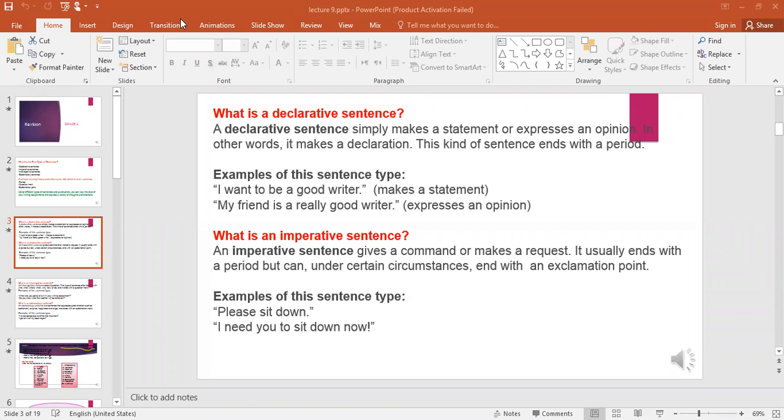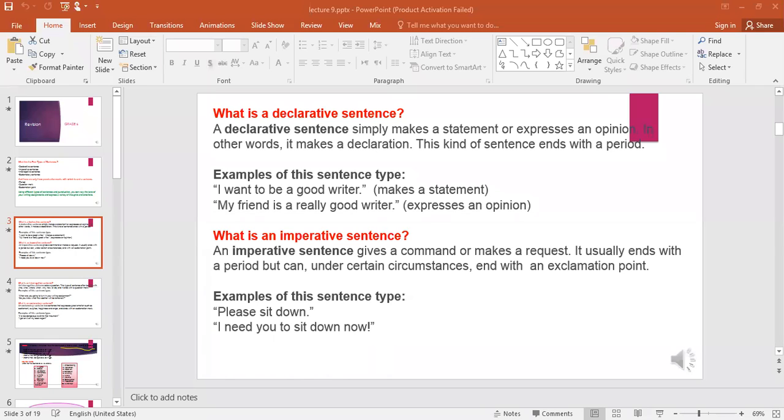Yes, Lamar. What is your question? Lamar, you may unmute yourself. Miss, what is an affirmative sentence? What is what? An affirmative sentence. Imperative. It was in the worksheet.